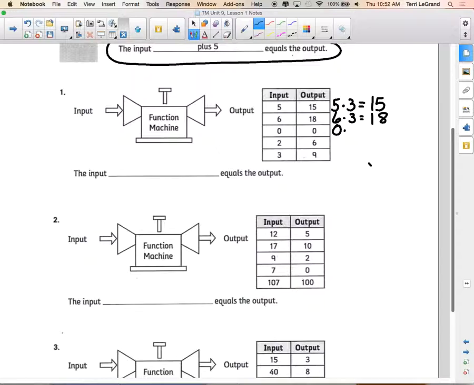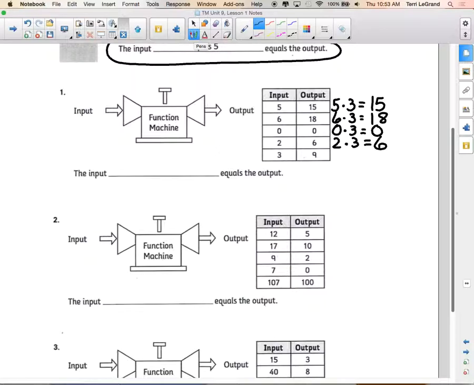0, the input 0 times 3. What's 0 times 3? 0. Input 2, and he says times 3, what is 2 times 3? 6.